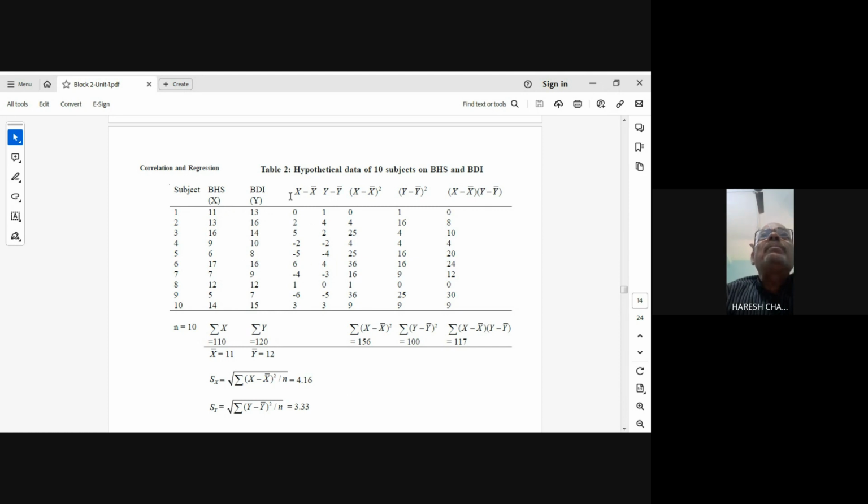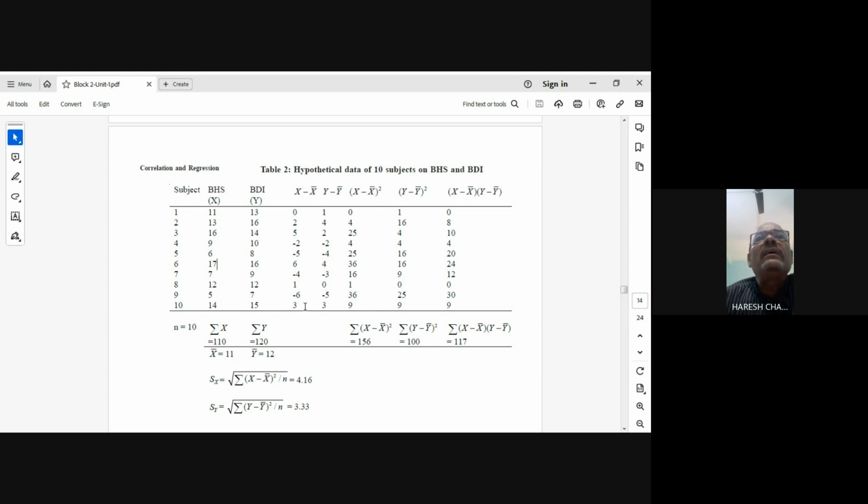Now x minus x mean, the next column is x minus x mean. 11 minus 11, that means 11 will be subtracted from all these scores. 11 minus 11, 0, 13 minus 11, 2, 16 minus 11, 5, 9 minus 11, minus 2, 6 minus 11, minus 5, like that.